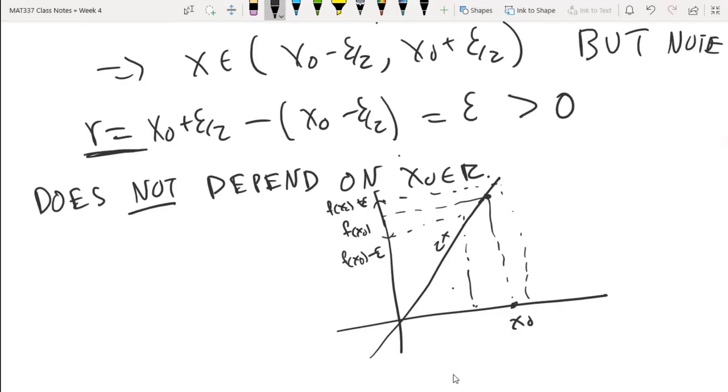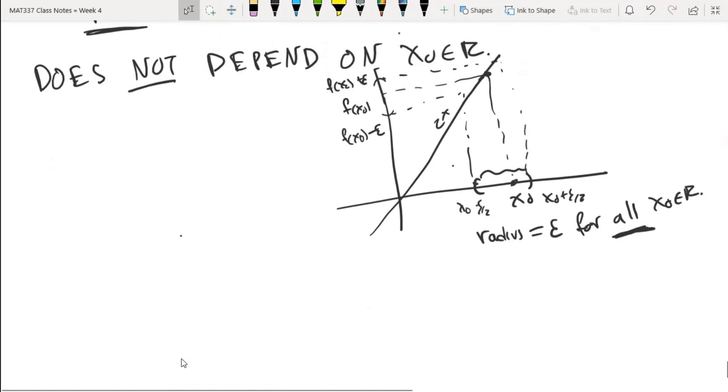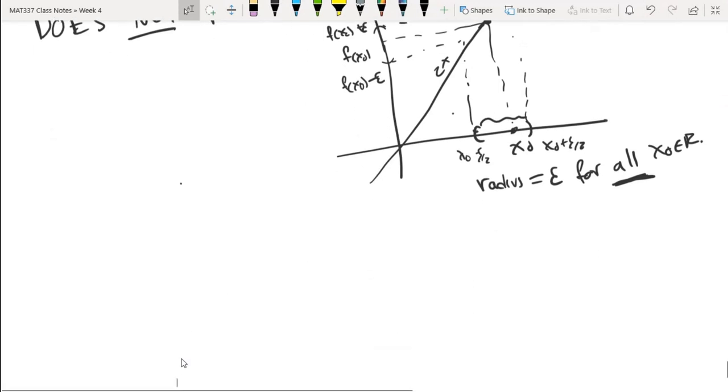Then we're saying that this ball will always have the same radius, for all x naught.